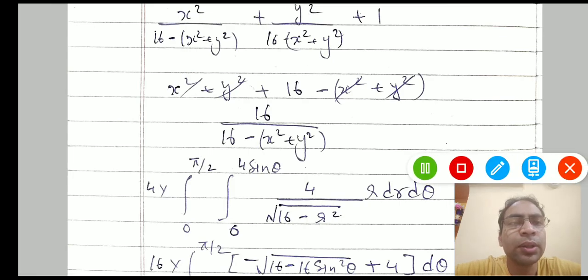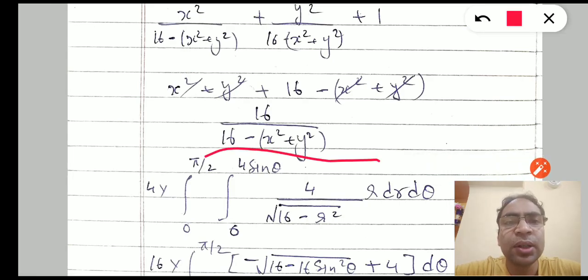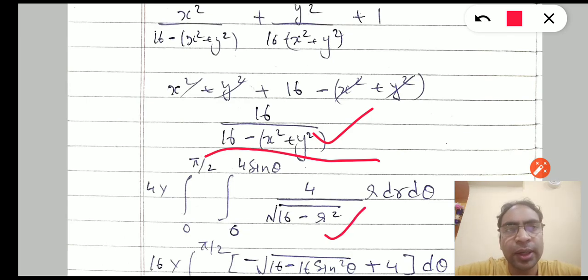So you can see that finally this is 16 upon 16 minus of x square plus y square, where this will be converted to r square. So we have 4 upon under root 16 minus r square as the function. Dx and dy will be converted to r dr d theta.